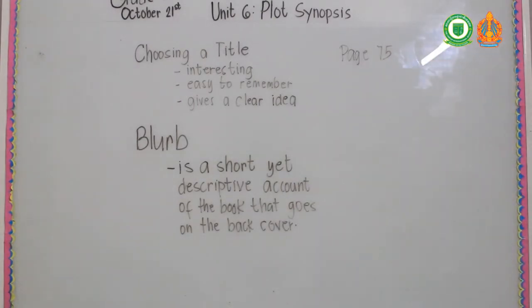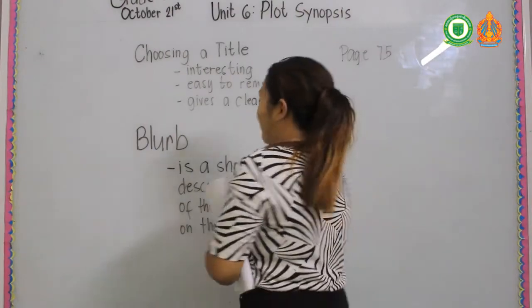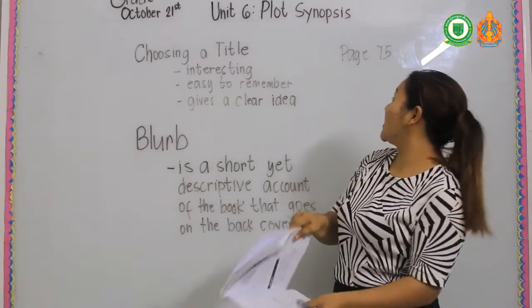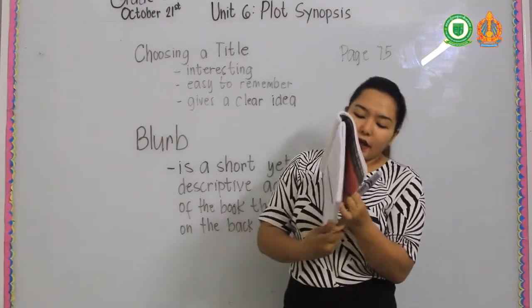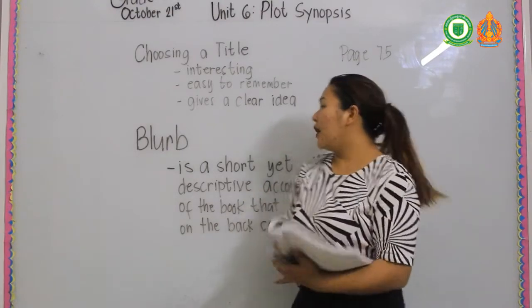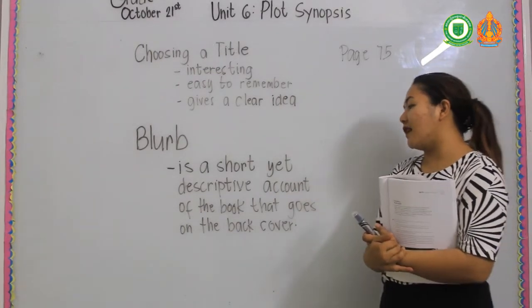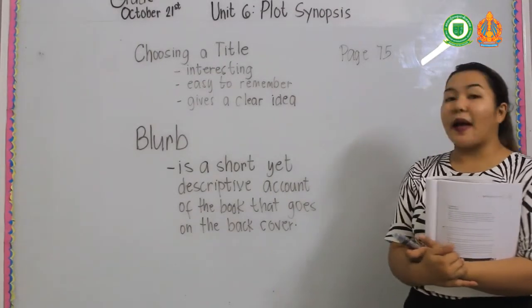Okay, let's move on to blurb. It says here in your book, just go to page 76. A blurb is a short yet descriptive account of the book that goes on the back cover.